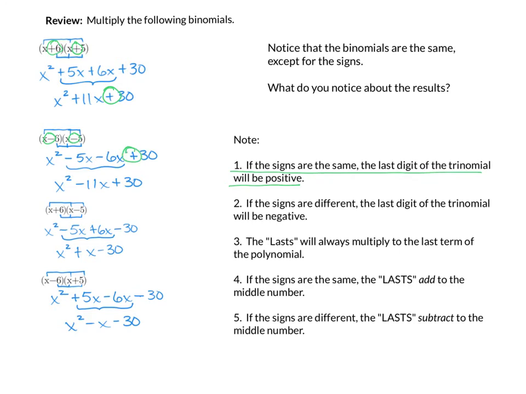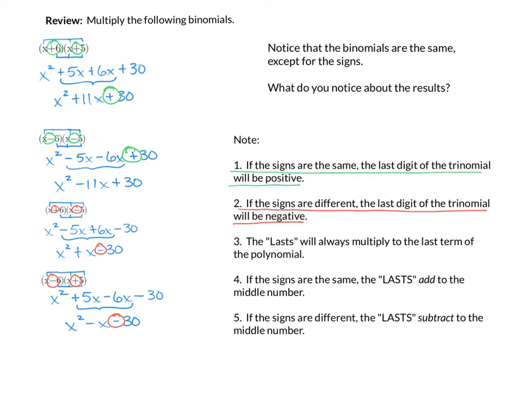So when we go backwards now, if this is positive, then we know the signs are the same. If the signs are different, the last digit of the trinomial will be negative because we are multiplying a positive times a negative or a negative times a positive, which will always result in a negative answer.